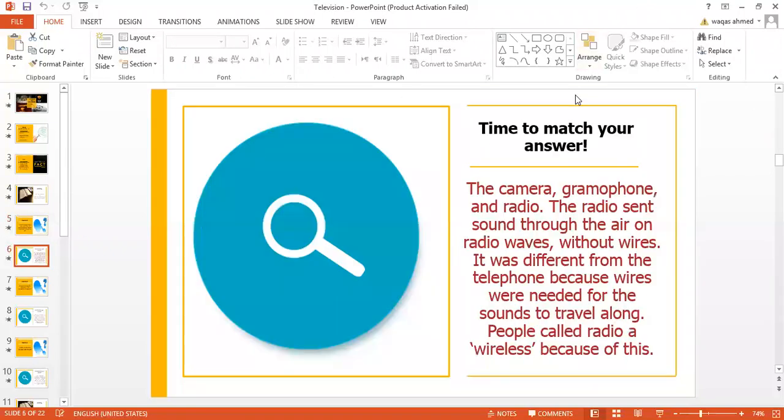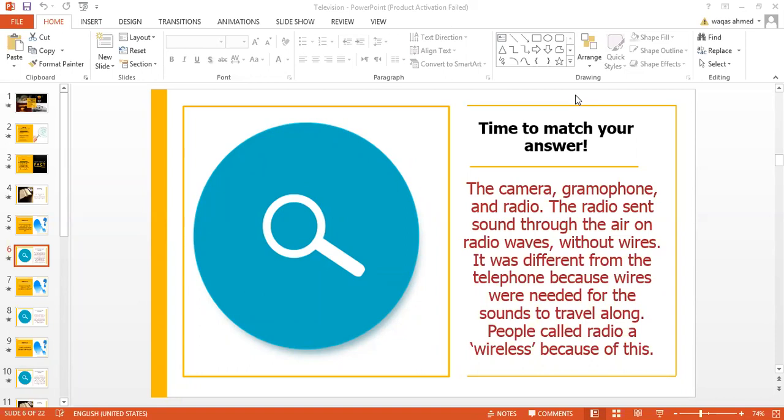Right, boys. So let's move towards the explanation of this question. The question, as you have studied, and the answer is the camera, gramophone, and the radio. In a proper way, we should say the answer is that the radio sends sound through the air on radio waves without wires, and it was different from the telephone because in telephones we use wires.